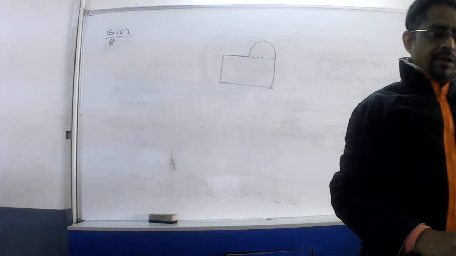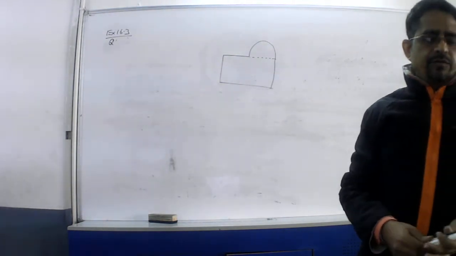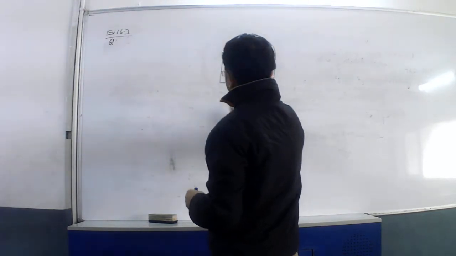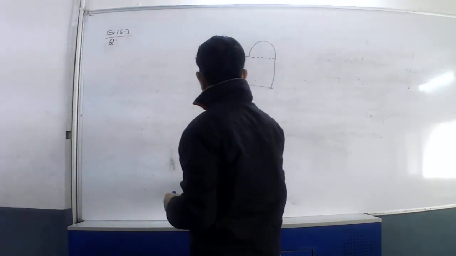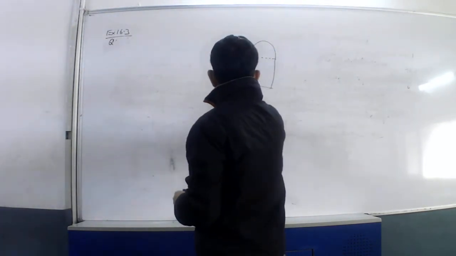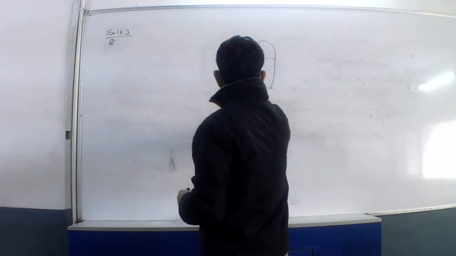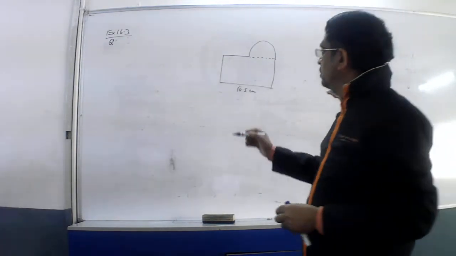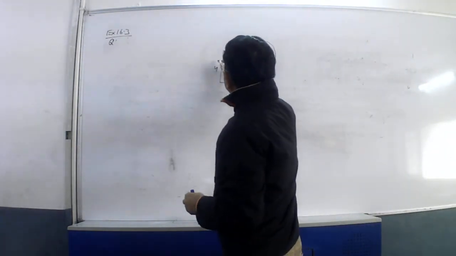Dimensions given here are: 10.5 is the length of the rectangle. This is given 10.5. Then 4 is the width of the rectangle.